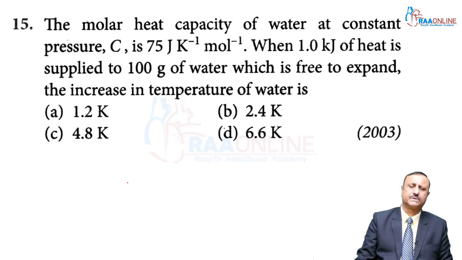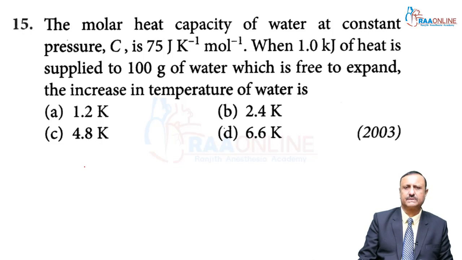The molar heat capacity of water at constant pressure C is 75 joule per Kelvin per mole. When 1 kilojoule of heat is supplied to 100 gram of water, which is free to expand, the increase in temperature of water is.